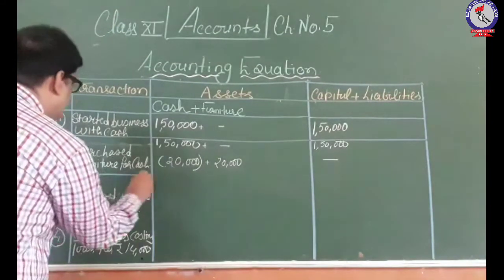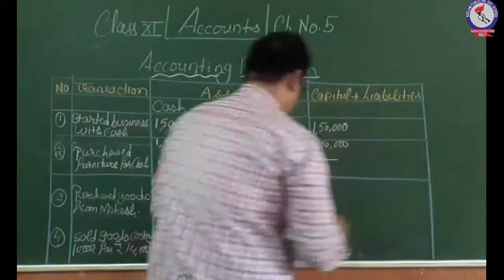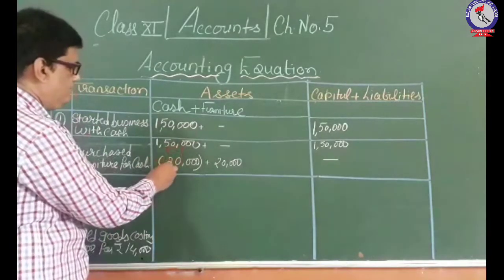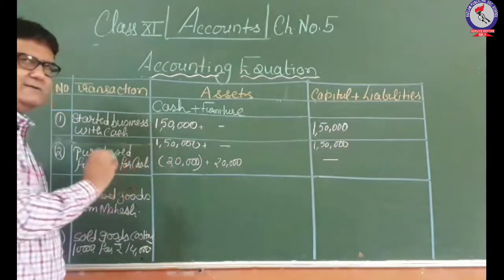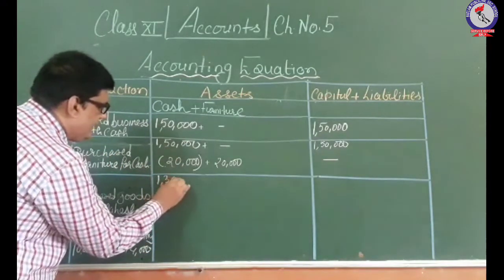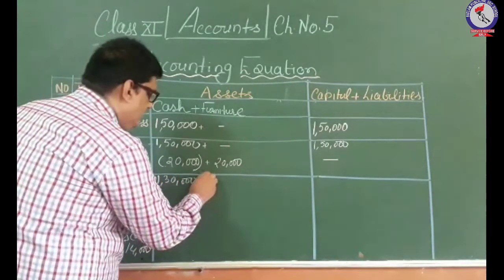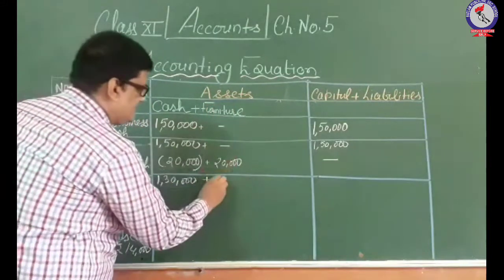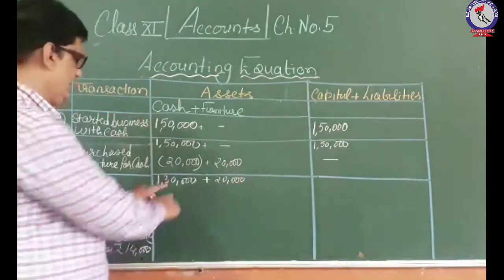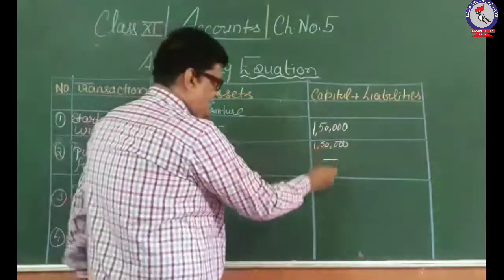So after completing the second transaction, again we will do the total. So when we are doing the total, 1,50,000 minus 20,000. The bracket represents the minus. So now we have got the remaining cash 1,30,000. And what we have observed is that one asset has increased, that is furniture. So furniture is now worth rupees 20,000. So total of this side 130 plus 20, 150, and here there was no change.